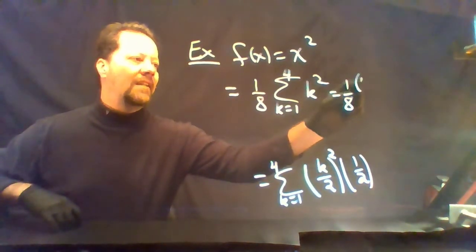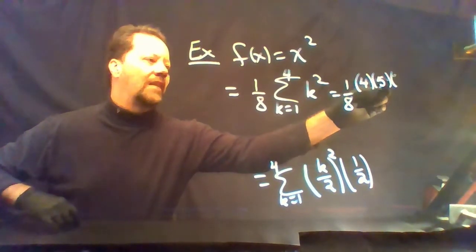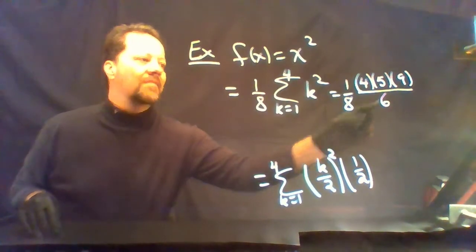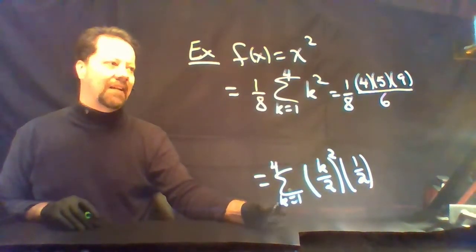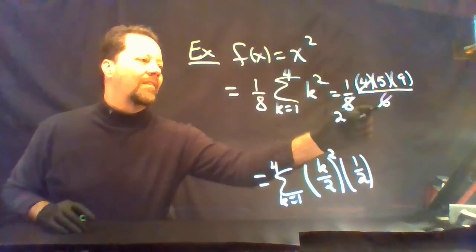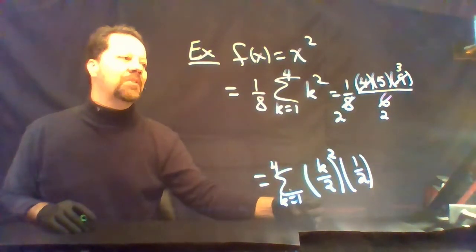As we've seen, that's going to be n times n plus 1 times 2n plus 1 over 6. We can reduce this fraction, however. 4 goes into 8 twice. 3 goes into 9 3 times.